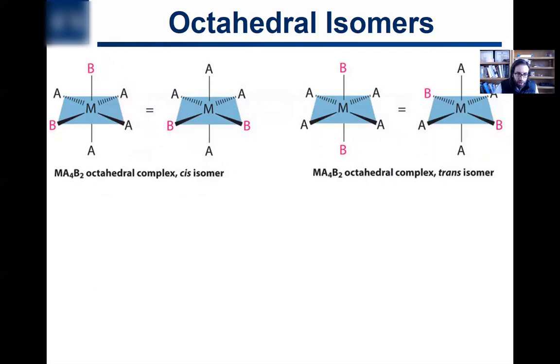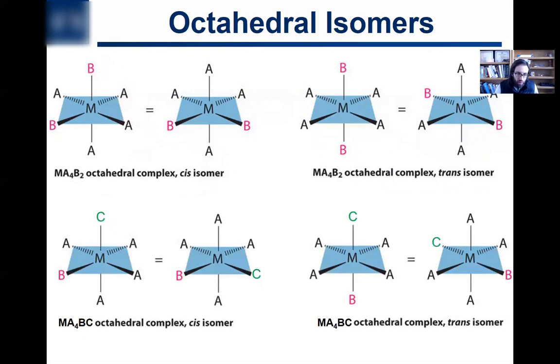So for the MA4B2, we established that there's a cis and a trans isomer. You can try to make something more complicated, like if you go to MA4BC. So this would be 4 ligands that are the same type, and then a second ligand that's a different type, and a third ligand that's a different type. It turns out there's only cis and trans isomers here too.